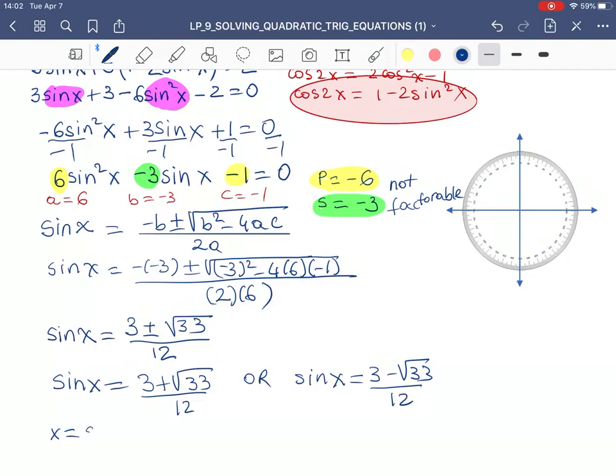All right, and x would equal inverse sine of 3 plus root 33 over 12, or x equals inverse sine of 3 minus root 33 over 12.